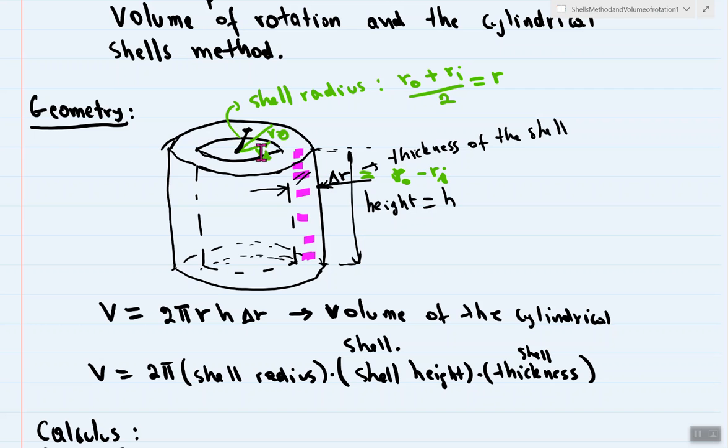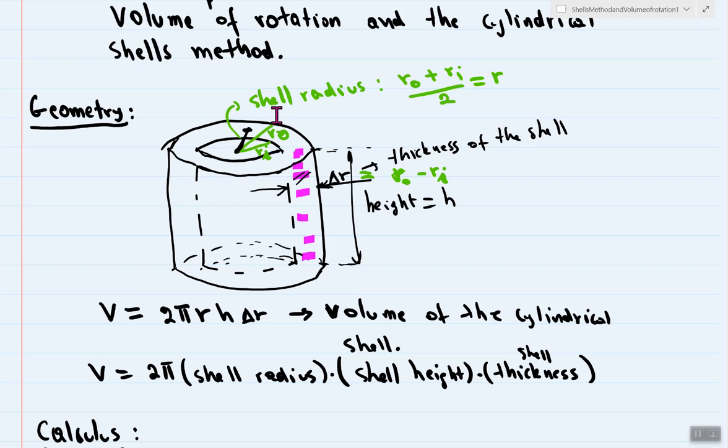The inner cylinder has a radius that we call r sub i, i stands for inner. And the outer cylinder, the bigger one, its radius is called r sub o.